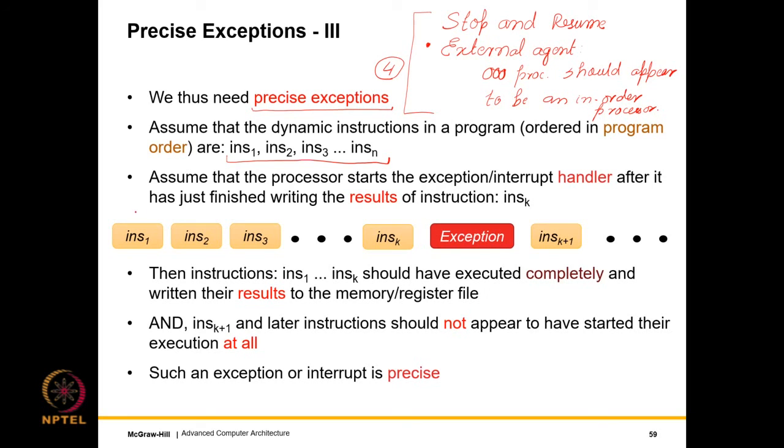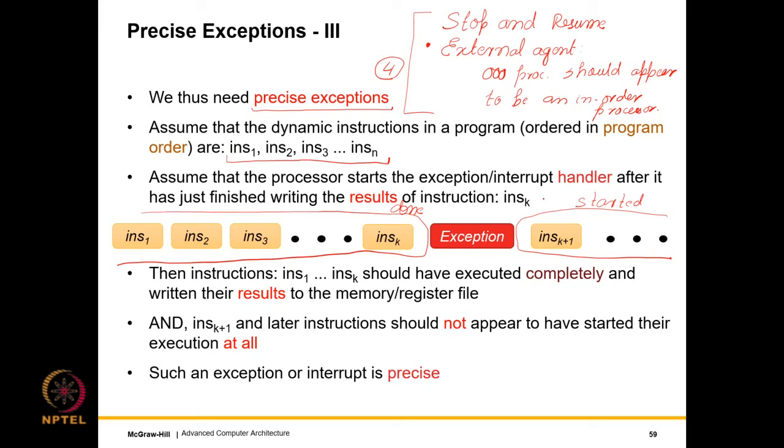It should appear as if all of these instructions have executed completely, written their state to the memory or register file, and none of the instructions after this have even started. So these are fully done and these haven't even started.